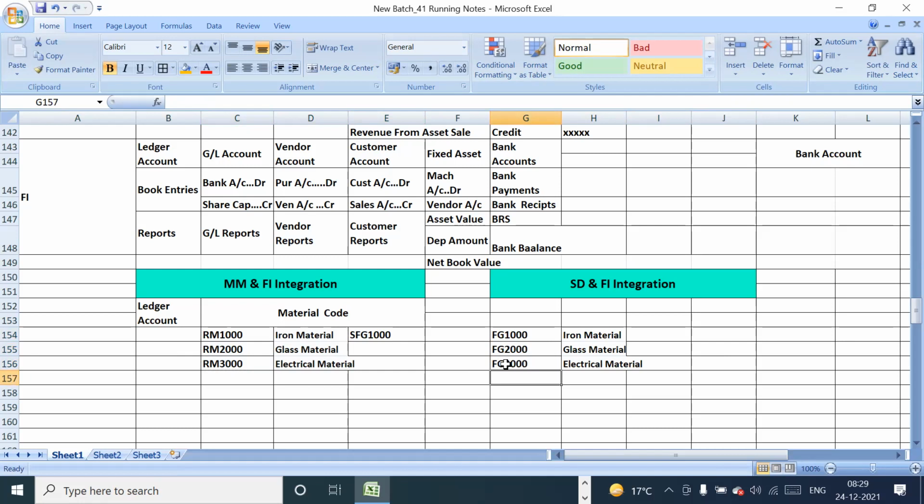We are going to manufacture cars. That is my finished goods, right? Then tell me what finished goods we have to create. Car is one of the finished goods, right?